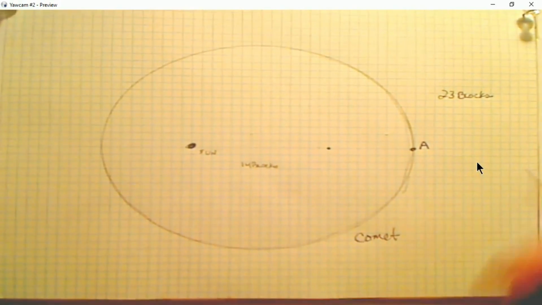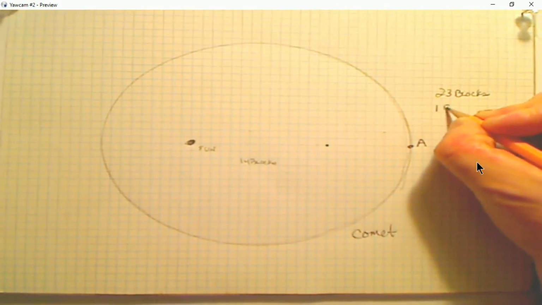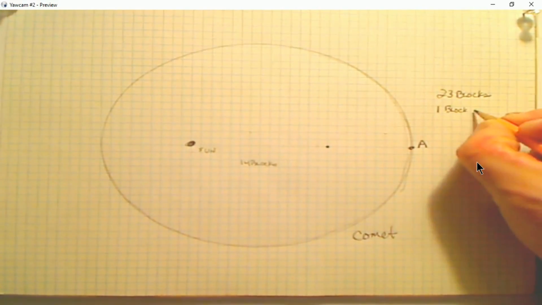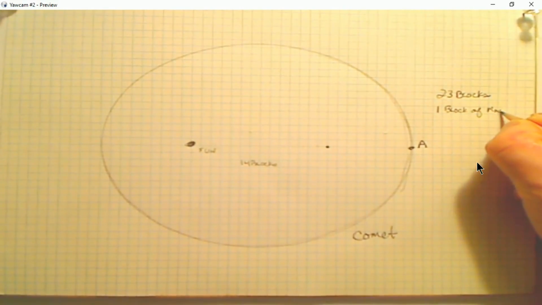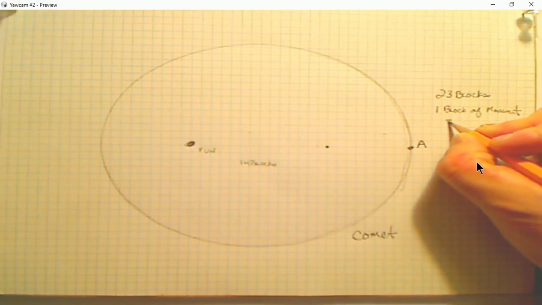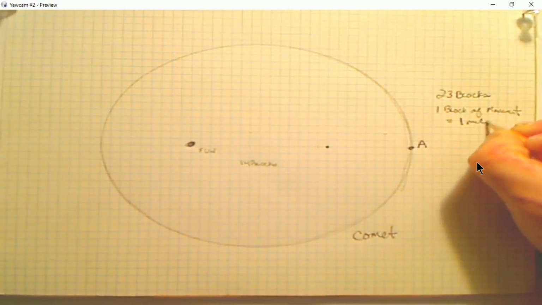Let's use this scale here. 1 block of movement is equal to 1,000,000 kilometers.